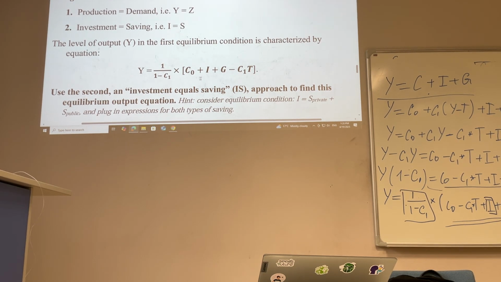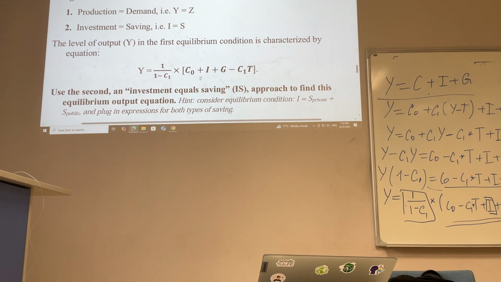Oh, you read it from right to left. In the bracket, you're trying to put the y's into the left side. Y's, like y minus c1 y. Okay. Now it's here, you see, multiplied by 1.